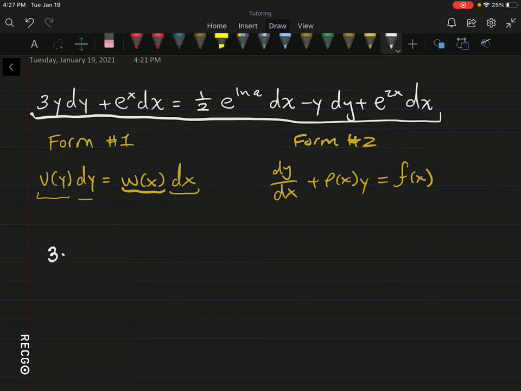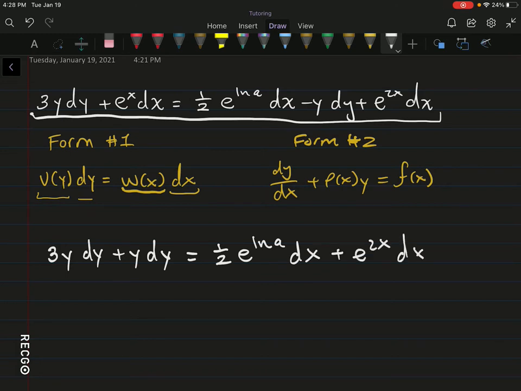So 3y dy plus y dy equals, and I'm going to put all my dx's on the right side, 1/2 e to the ln a dx plus e to the 2x dx minus e to the x dx.